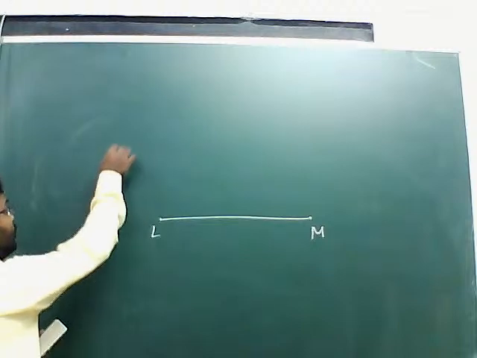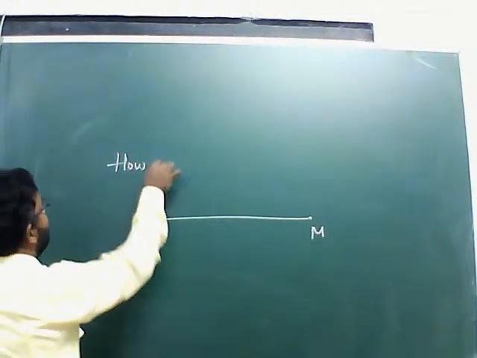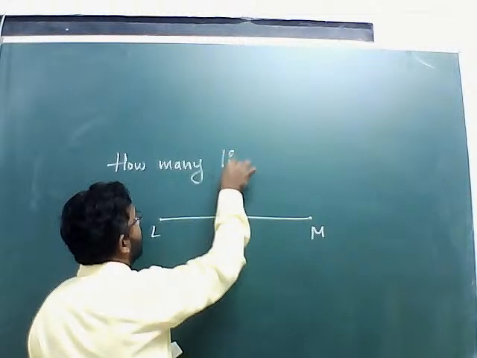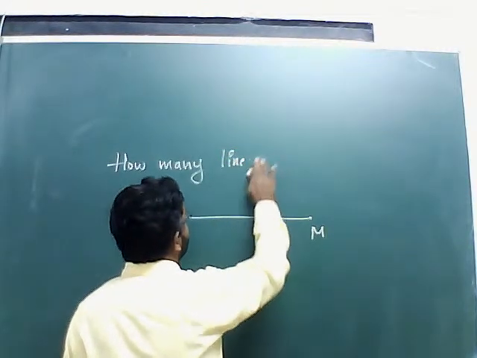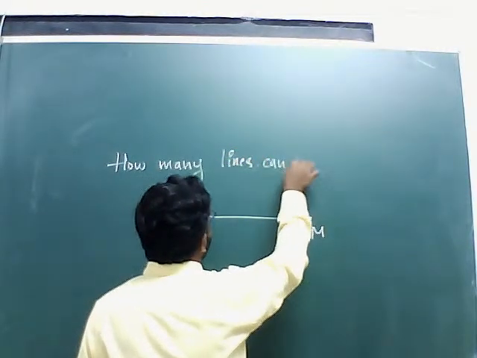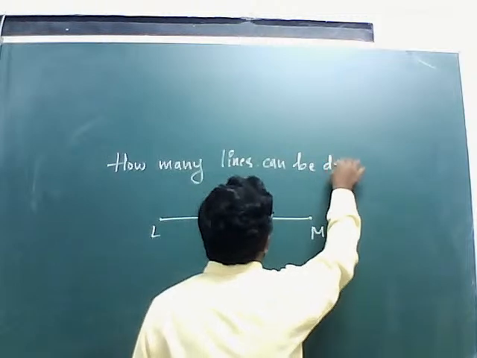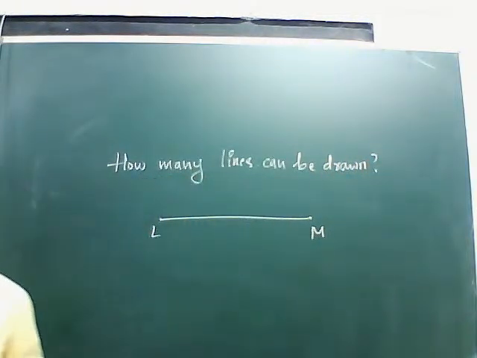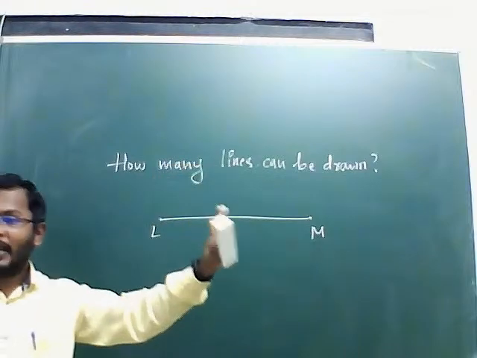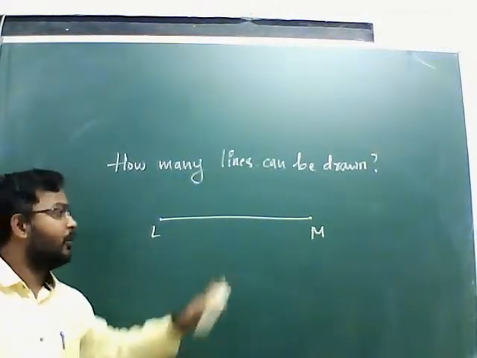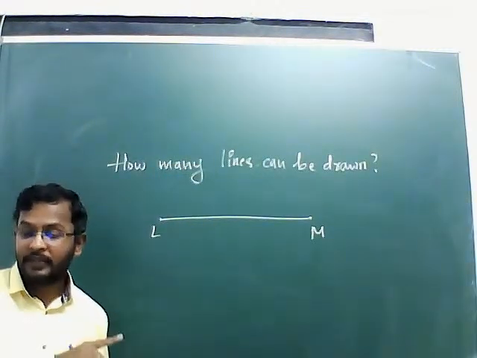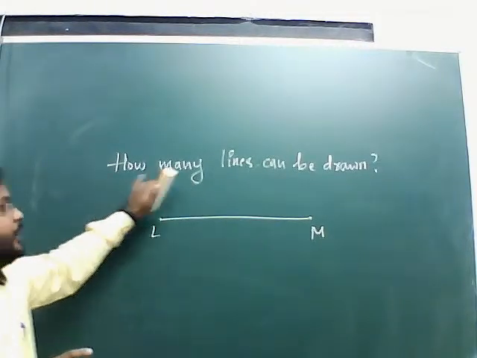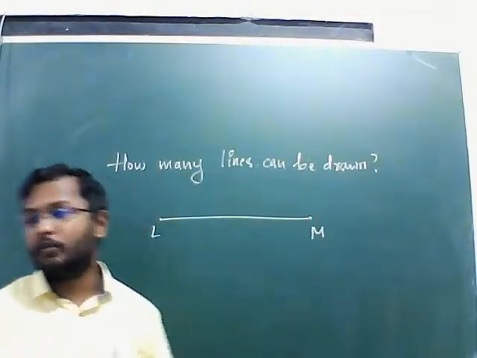Now the question is, how many lines can be drawn? Earlier, how many line segments? That time only one line segment. But now the question is different. How many lines can be drawn between these two?